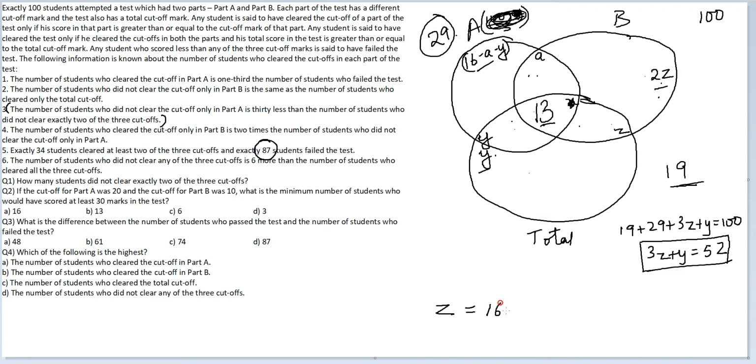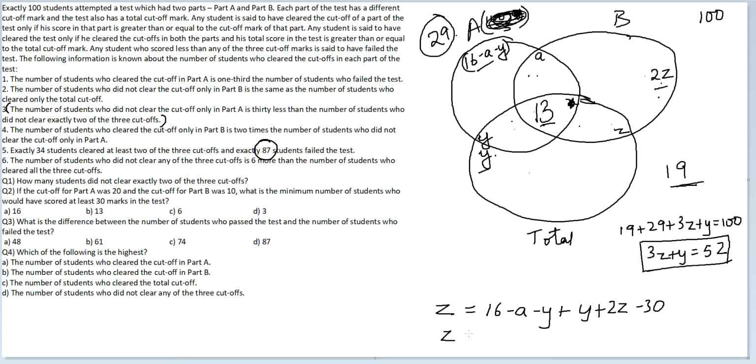So I get 16 minus A minus Y plus, let me work, where do I go? Plus Y plus 2Z minus 30. Okay, I've got this now.